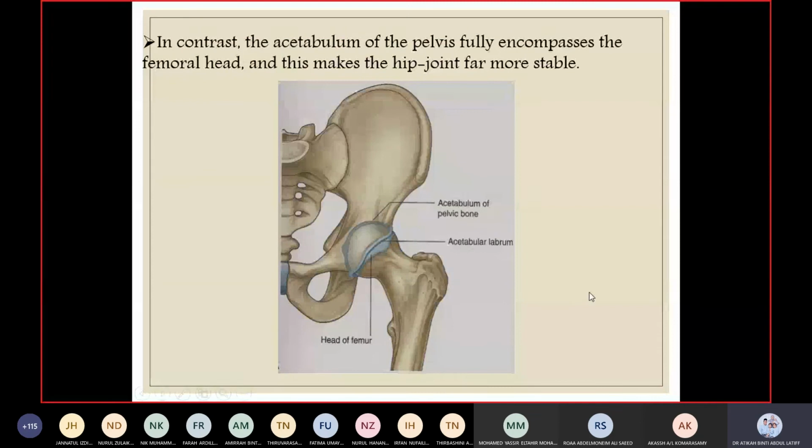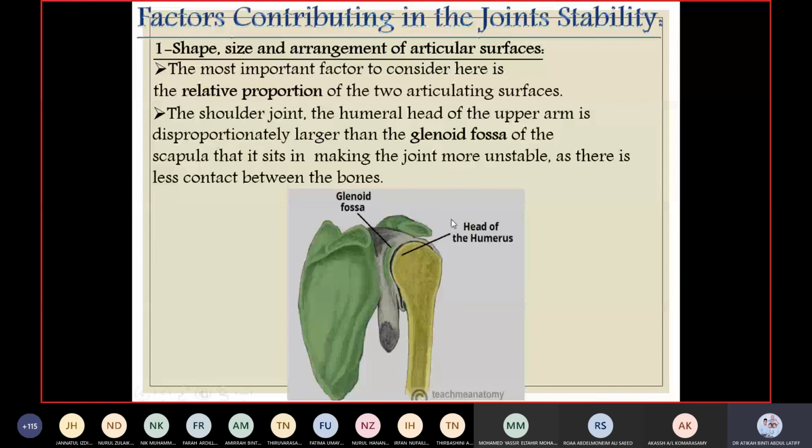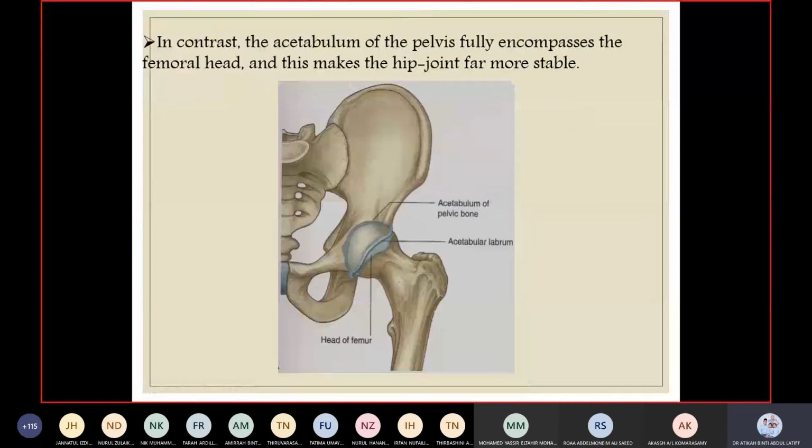However, compared to the hip joint, the head of the femur is fully enclosed by the acetabulum of the pelvic bone. This makes the hip joint far more stable than the shoulder joint. So one factor is the shape, size, and arrangement of articular surfaces.